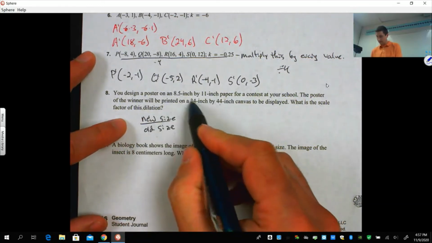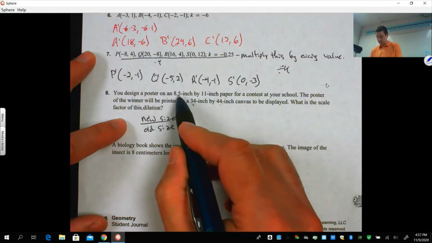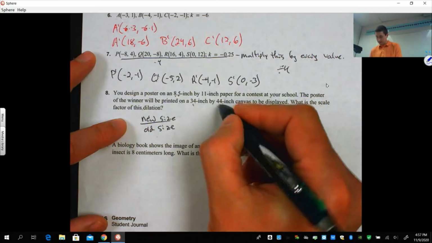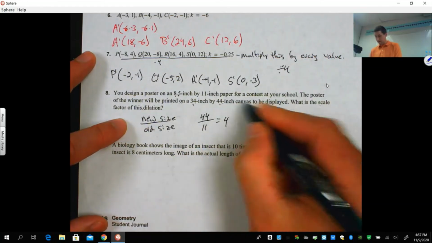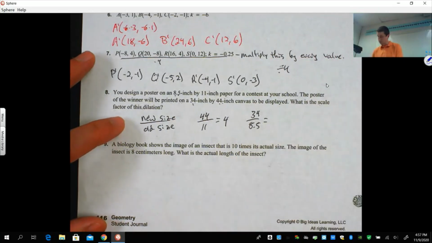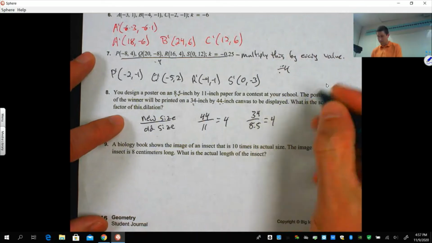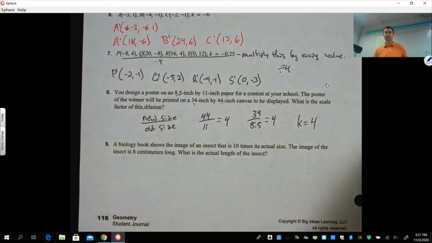If you just take 44 divided by 11, you get 4. If you take 34 divided by 8.5, you'll also see that you get 4. So what is the scale factor? K equals 4. It's 4 times the size.